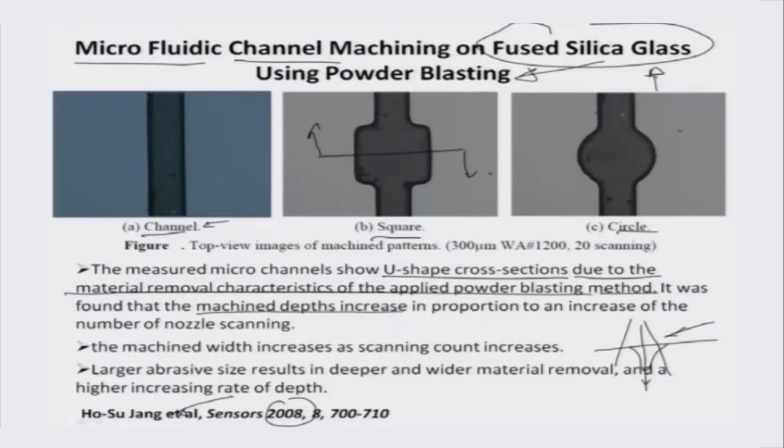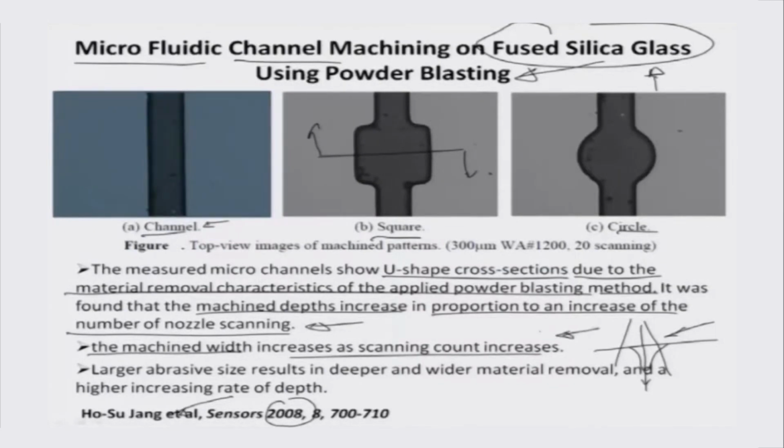the machined depths increase in proportion to the number of nozzle scans. So, if you have only one scan as opposed to 10 scans, the amount of thickness covered by means of brittle fracture, or the depth of the channel, would be higher. Zhang et al. also found that the machined width increases as the scanning count increases.